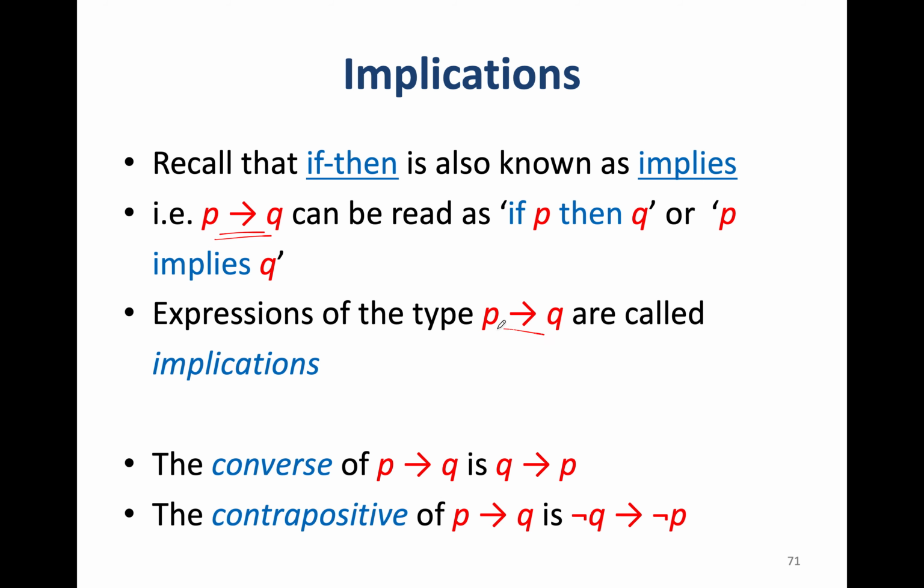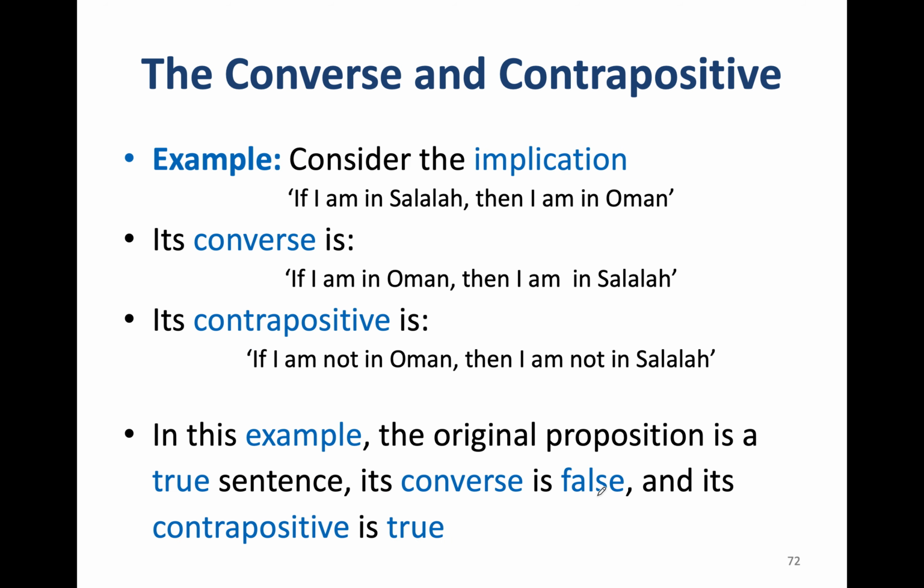Now this expression is called an implication, which is if P then Q. If we just change the places of the reason and the conclusion, we call this the converse. So the converse of if P then Q is if Q then P. And then we've got another vocabulary word, contrapositive, where we take the converse with not and not. So if not Q, then not P.